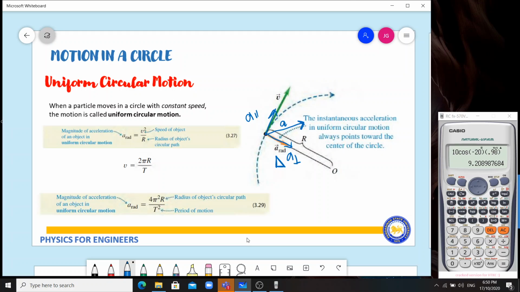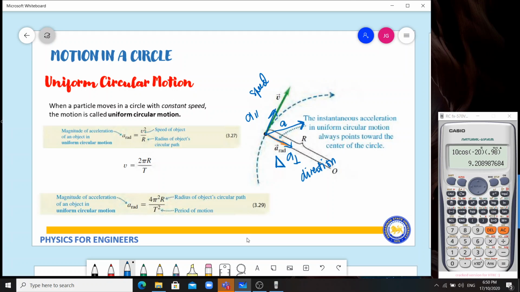Yung perpendicular acceleration, it refers to the acceleration with regards to the change in direction. Yung parallel acceleration, it regards to the change in speed.